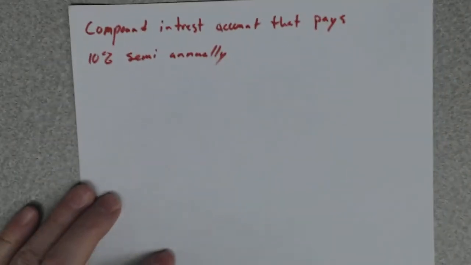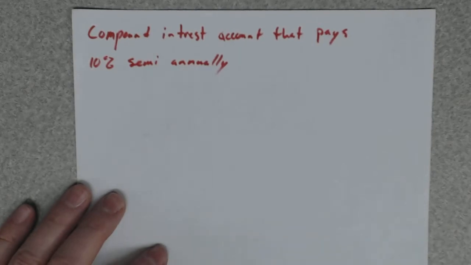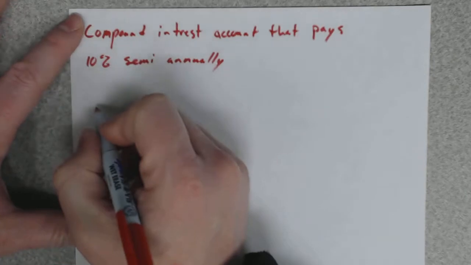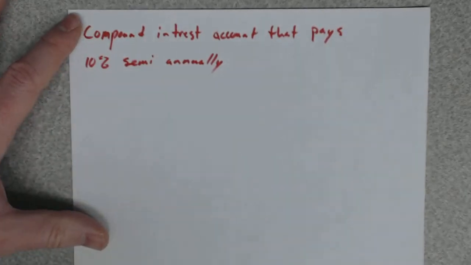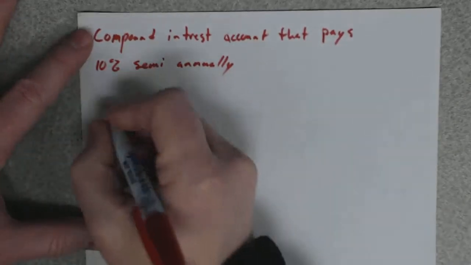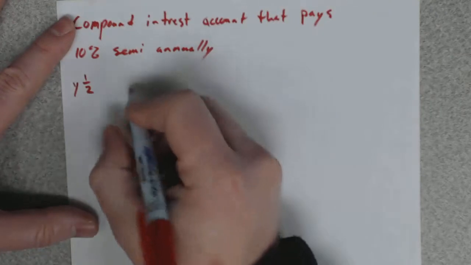So half a year goes by, we take our interest and put it back in our account. And then half a year goes by, 6 months basically, you put it back in. So what happens, instead of me doing year 1, year 2, year 3, like on here, well, in this case, it'd be year 1/2. Be half a year gone by.